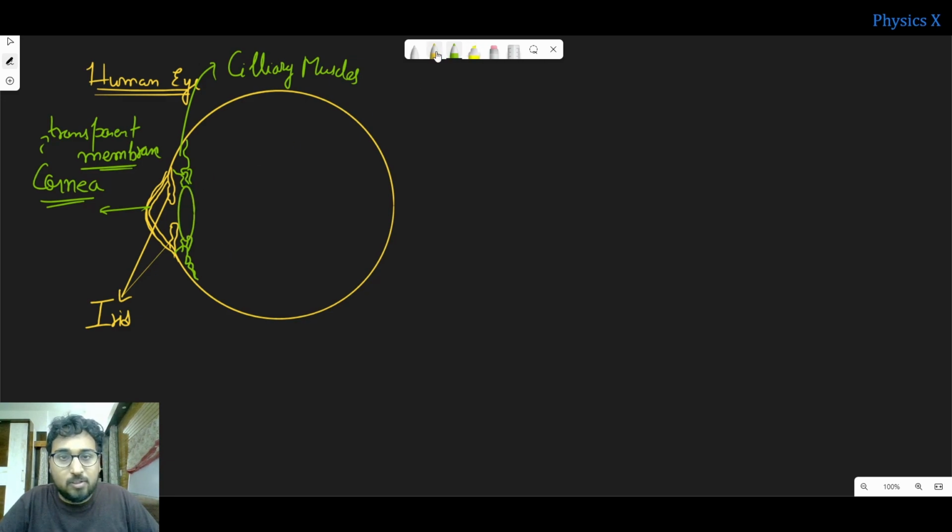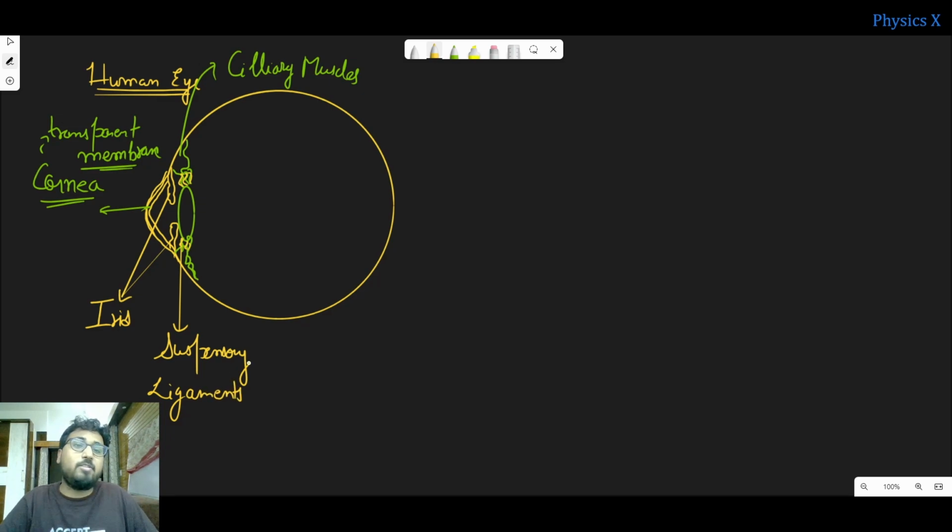These are called suspensory ligaments. They work in coordination, and the suspensory ligaments and ciliary muscles are responsible for changing the focal length of this lens.